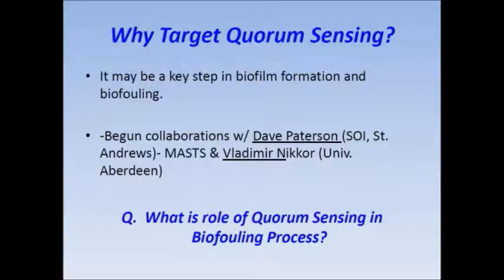So why target quorum sensing in our research? This is because it is likely a key step in biofilm formation and biofouling to a larger extent.